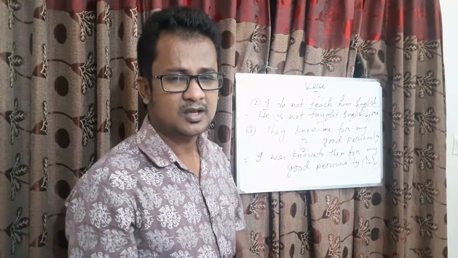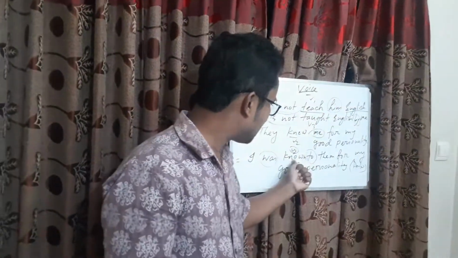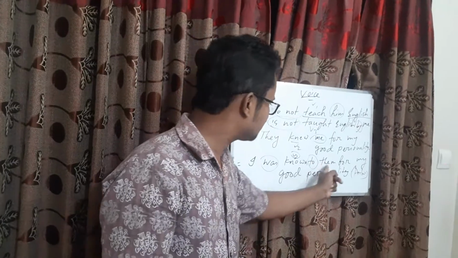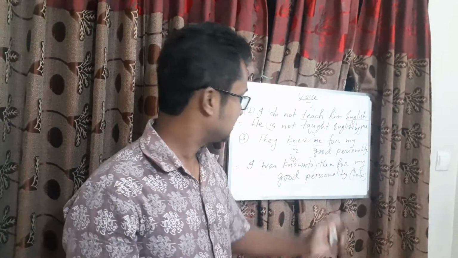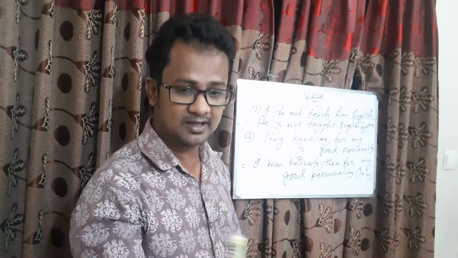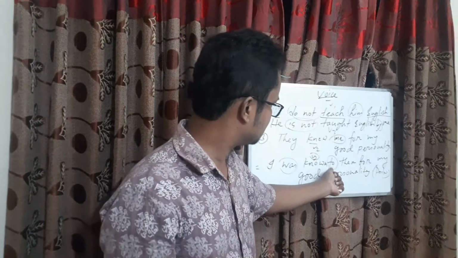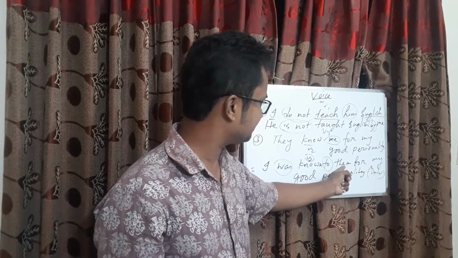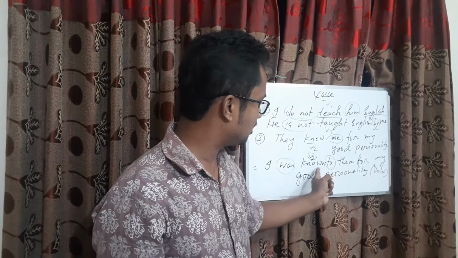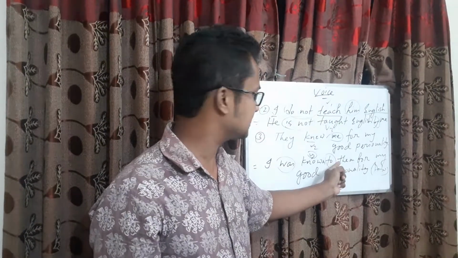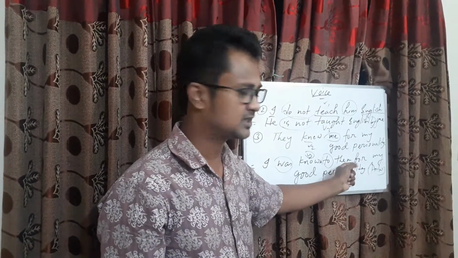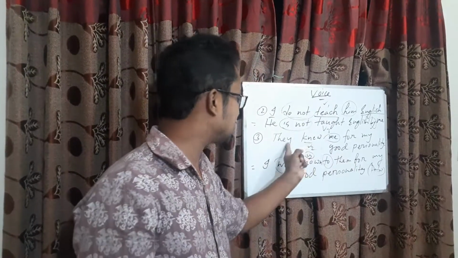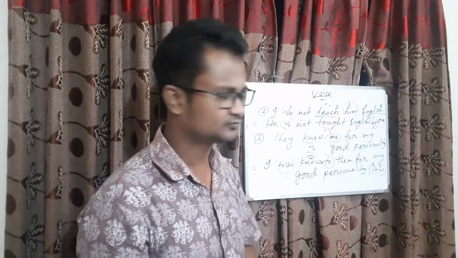But you are not unable, because you know that after "known" there will be "to", and after "to" there will be an object, as I discussed a few minutes ago. So "to", and what is the object here? "Them". Them will be the object, and this will be the subject when we make it active.